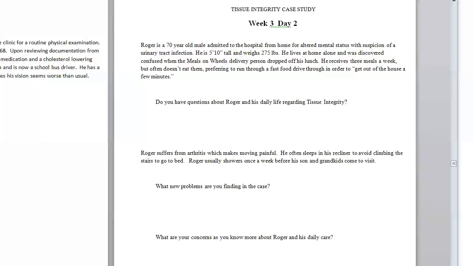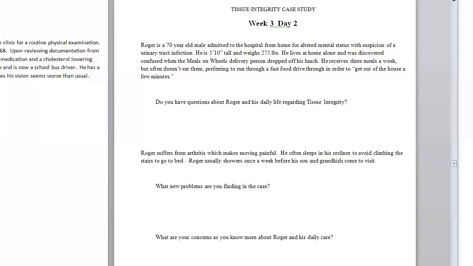How is his kitchen set up? Is it safe for him to use such things as knives, the oven, the microwave, the stove? All these things are kind of the questions that are going through my mind.